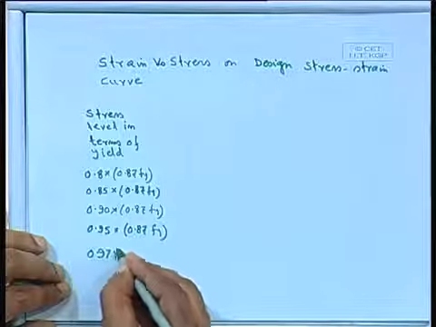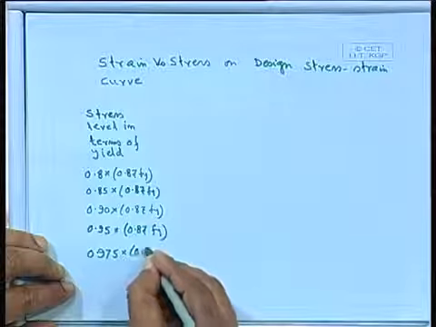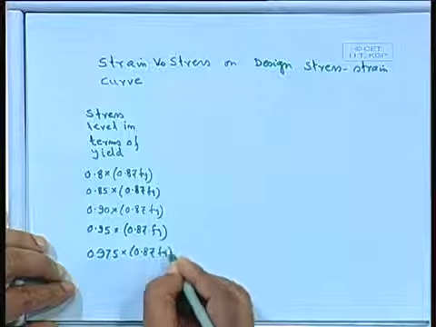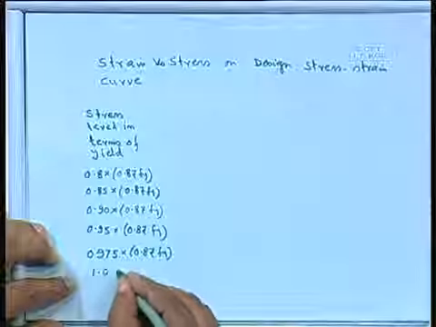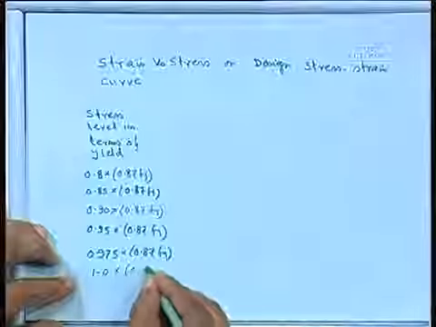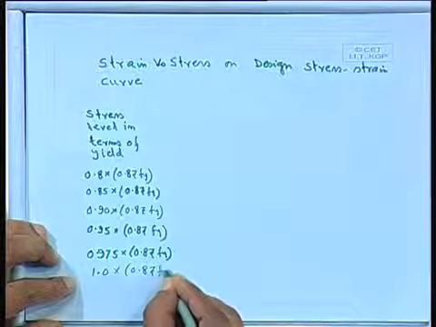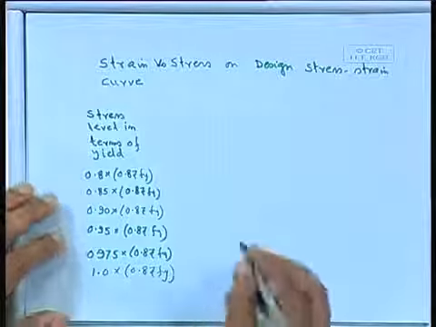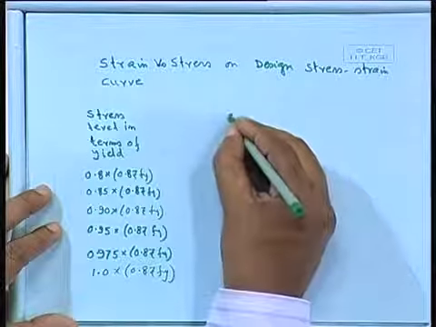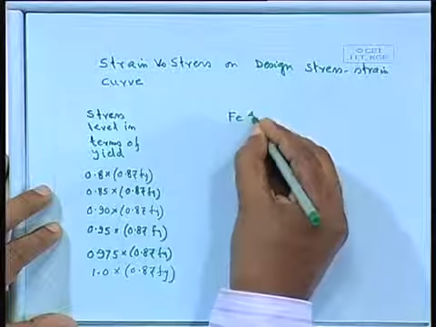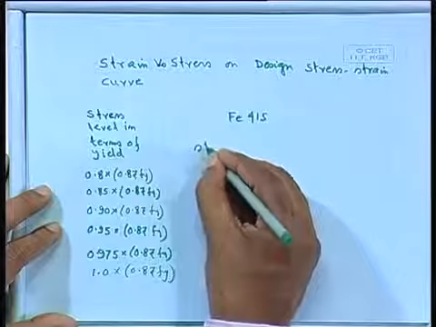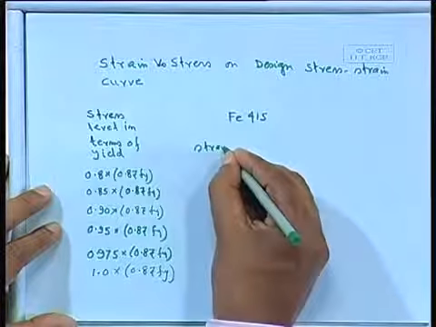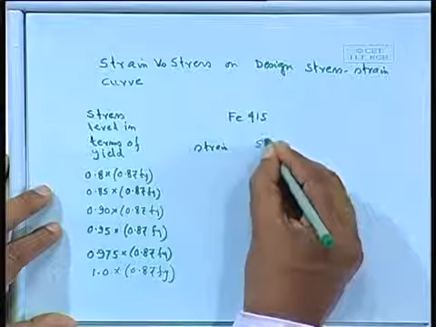We shall linearly interpolate, because if we get the corresponding strain, we can linearly interpolate. We shall take these few points in our case. Let us take Fe415, strain and stress.